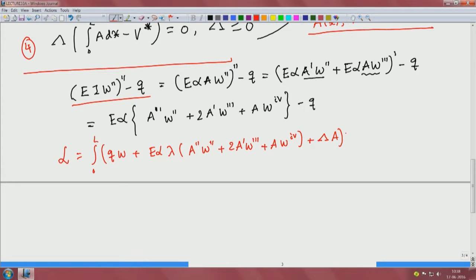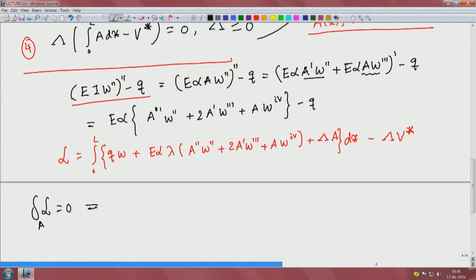Okay, let me use a different bracket because we already have that bracket. Let me use this curly bracket dx minus lambda v star. Okay. For the design equation, we have to take variation of the Lagrangian with respect to a and equate it to 0.